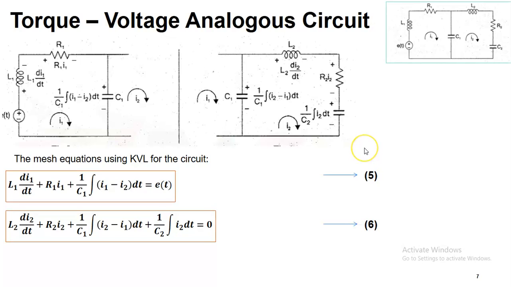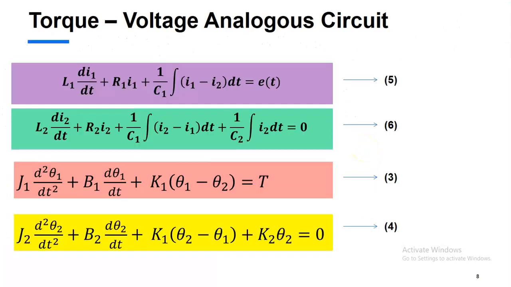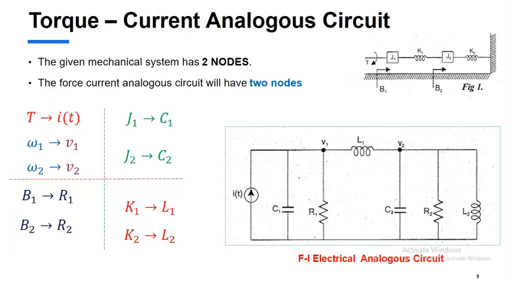This is the mesh equation using KVL. Now, if you compare equations 3 and 5, and 4 and 6, we can say that the mesh equations are similar to the differential equations governing the mechanical system.